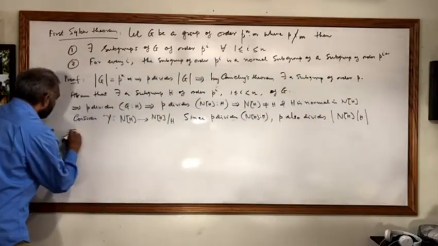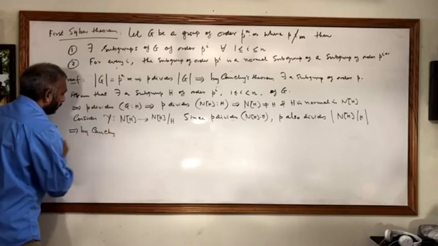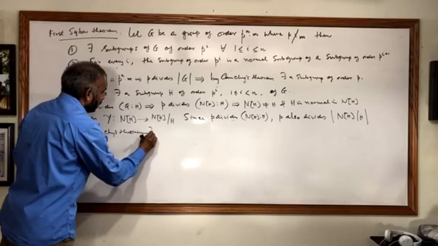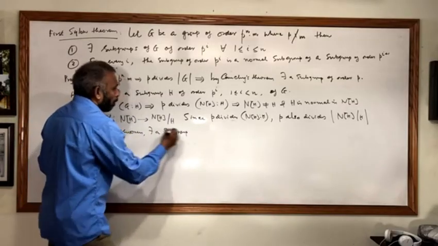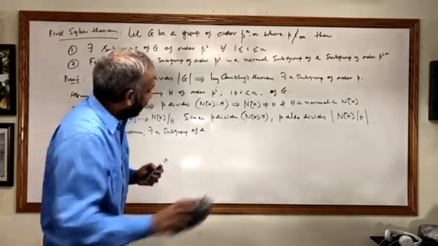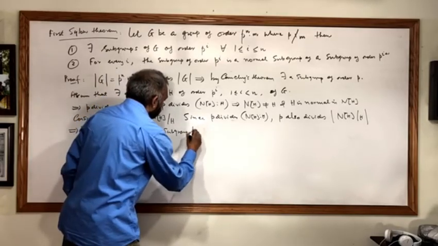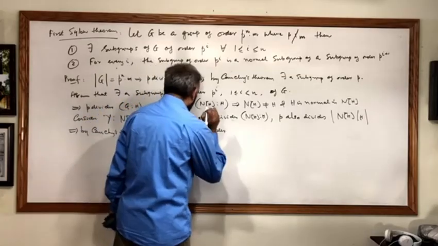And that implies by Cauchy's theorem, again, there exists a subgroup K of order p.